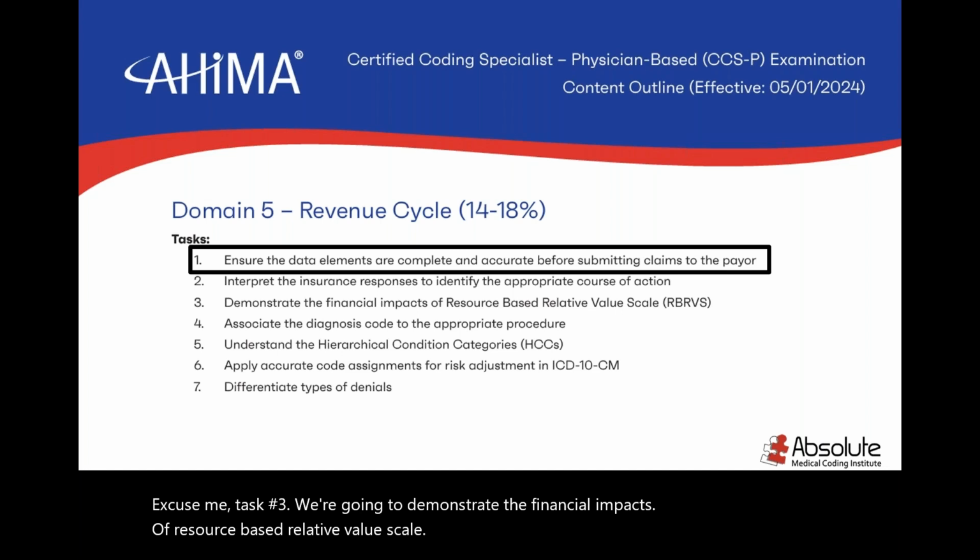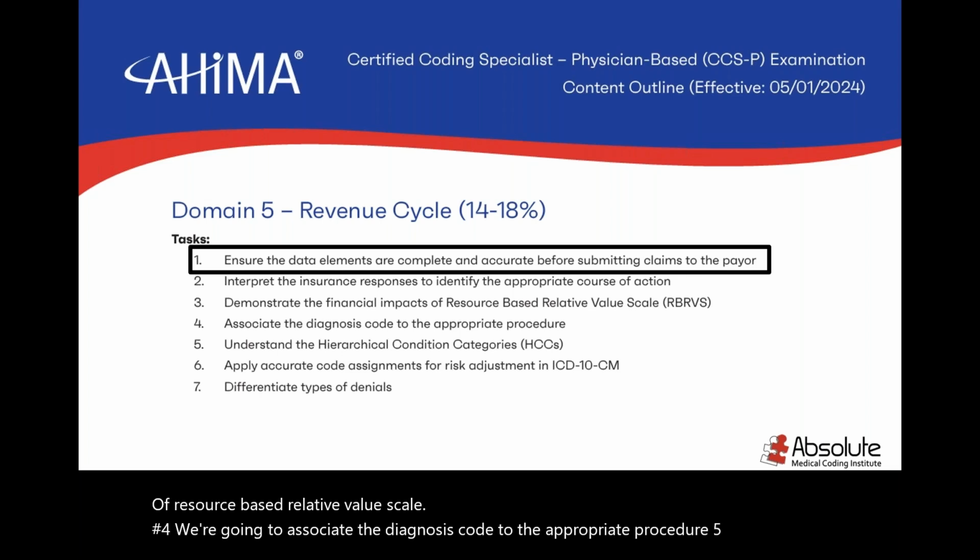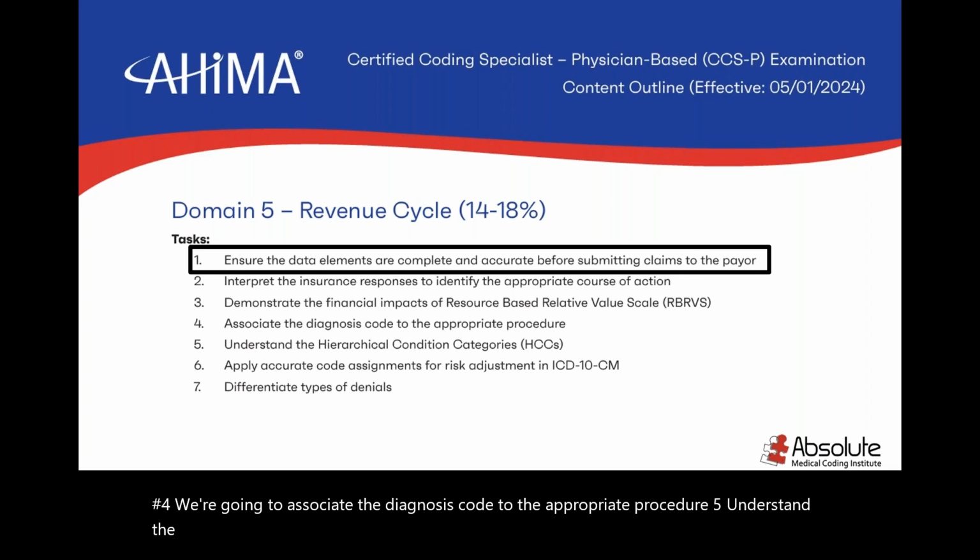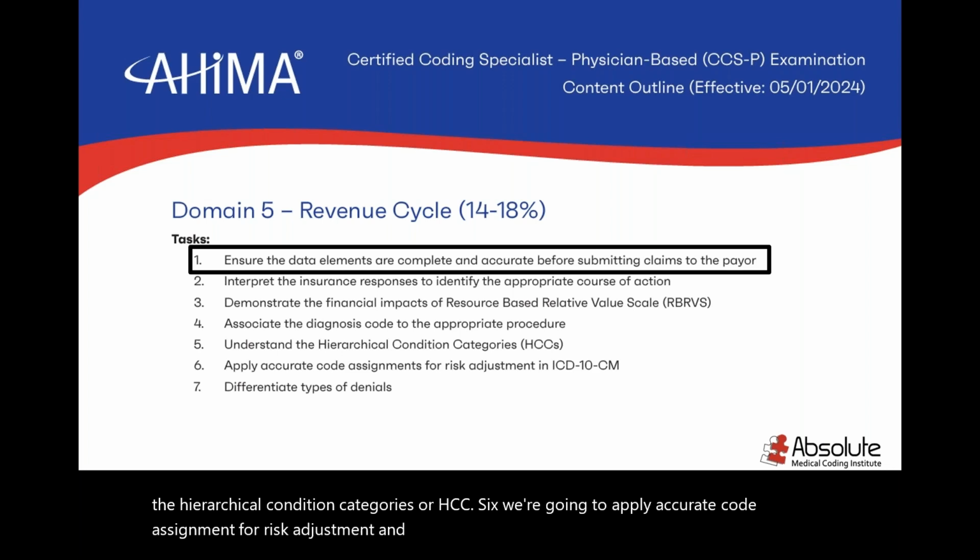Number 4, we're going to associate the diagnosis code to the appropriate procedure. 5, understand the hierarchical condition categories or HCCs. 6, we're going to apply accurate code assignment for risk adjustment. And 7, we're going to differentiate the types of denials.